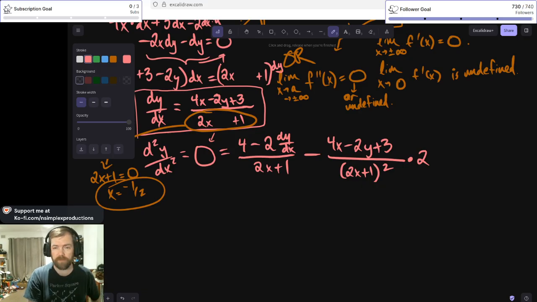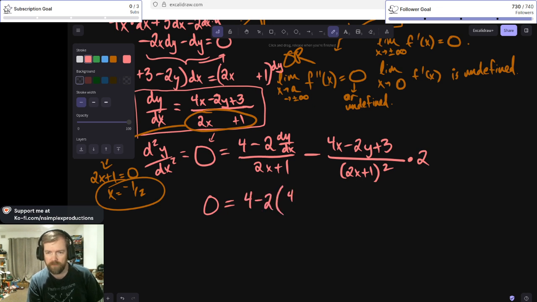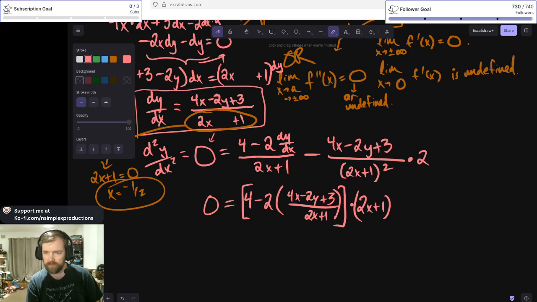This is probably going to look a lot better. It's also going to be a little gross, but it's fine. All right, if we multiply by (2x plus 1) squared, then we end up with 0 still. 4 minus 2(4x minus 2y plus 3) all over 2x plus 1, all multiplied by an extra 2x plus 1, because we're going to multiply everything through all the way with (2x plus 1) squared.